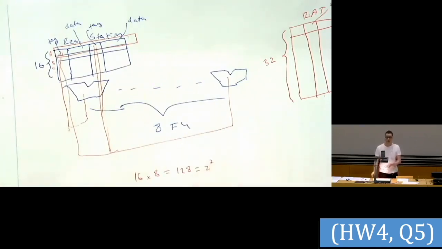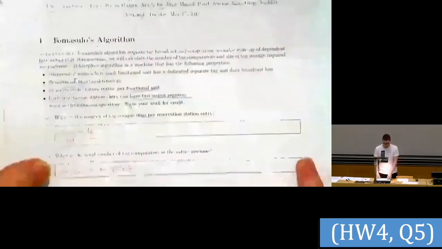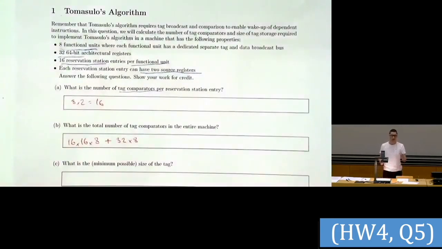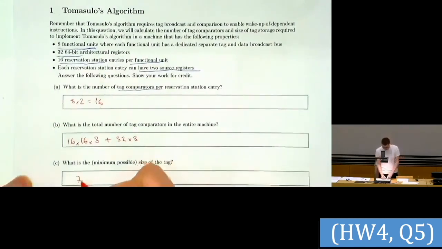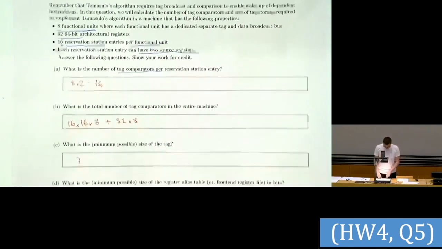This means we need 7 bits as a tag to be able to address or refer to all reservation station entries. So the minimum is 7. Of course, you can have more than 7, but then you'll have some redundancy, some useless bits. I guess nobody has any questions.